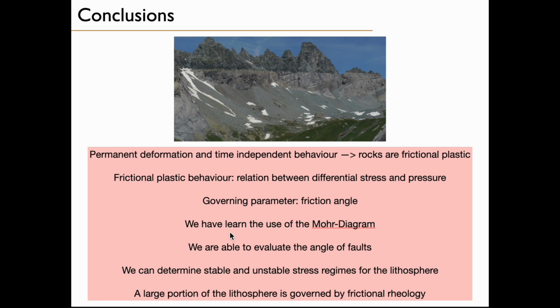To represent the state of stress, we've used Mohr diagrams, and we've been able to evaluate the angle of faults. Thus, we can also determine stable and unstable stress regimes in the lithosphere. And we've also seen that a large portion of the lithosphere is governed by the frictional plastic rheology. And of course, it is dependent on extension and compression. These are different.